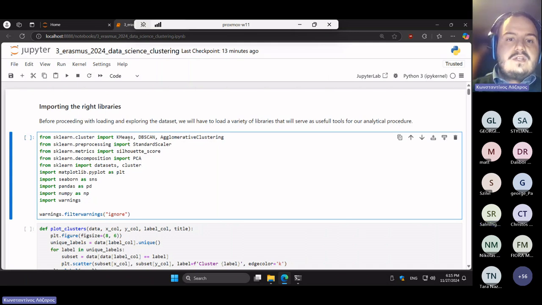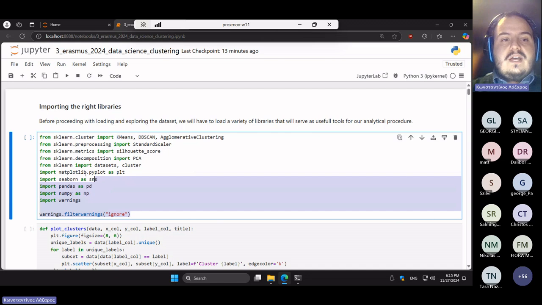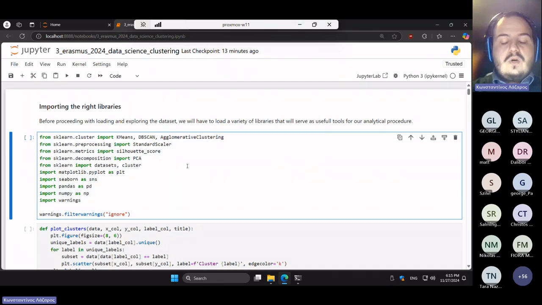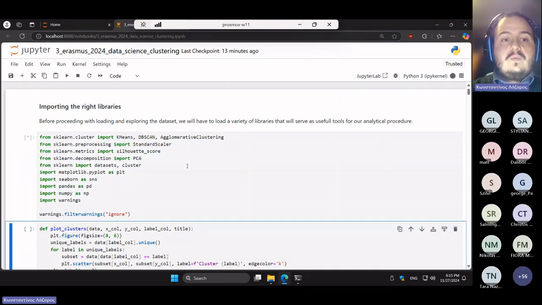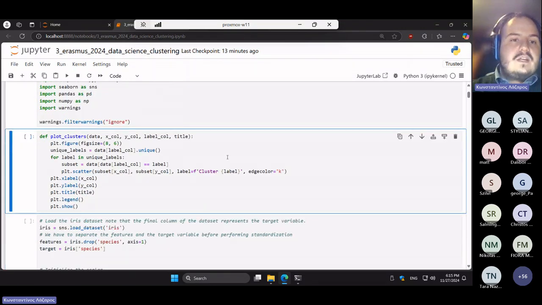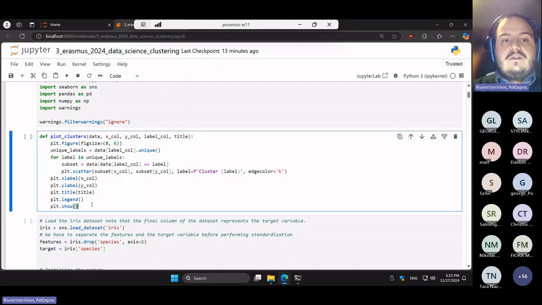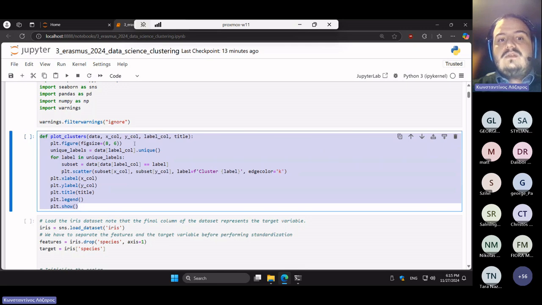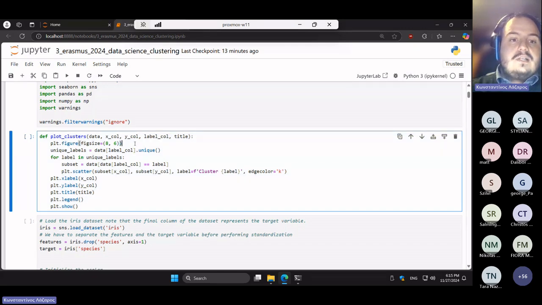The first thing we need to do is import every single necessary library required for the analysis that we want to do. The second thing, as you can see, it runs a bit late because some packages are heavier compared to others. The next thing we need to do is initialize homemade functions. This is a function that I've created in order to plot the data that I'm going to use, as you will see later on.